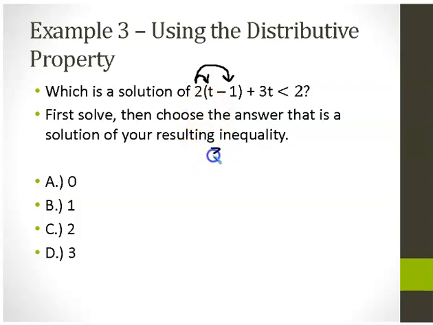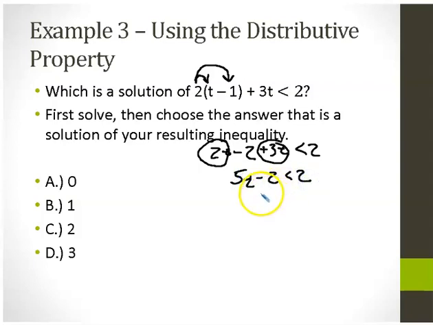So 2 times t is 2t, and then 2 times a negative 1 is a negative 2, plus 3t, and that's still got to be less than 2. I can combine these terms into 5t minus 2, which is still less than 2.